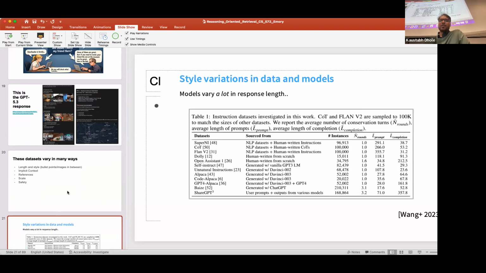And models vary a lot in response length, right? If you look at most of the popular data sets, even the input prompt is very different, from almost 17 tokens to 291 tokens. Generally, the length of the input prompt signifies how complex a task is. The completions are also varying, and there are all possible combinations.